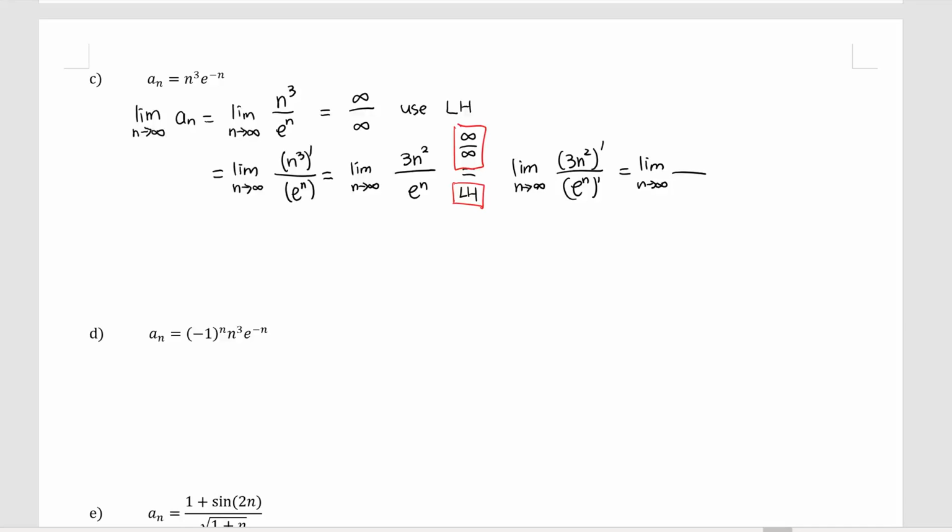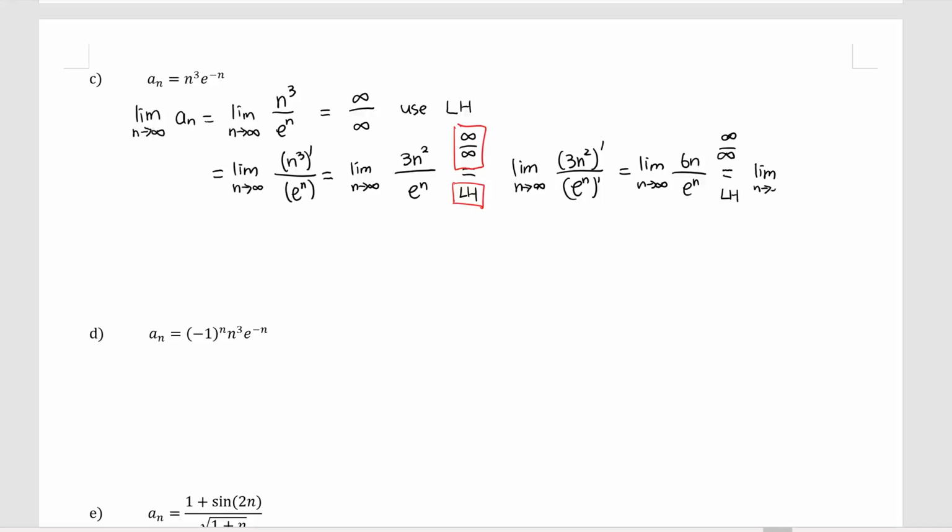The derivative of 3n squared is 6n, and the derivative of e to the n is e to the n. You can see that when we differentiate the polynomial, the degree gets smaller until we reach a constant, but the exponential function always stays the same. So here we still have infinity over infinity, and we still use L'Hopital's rule.